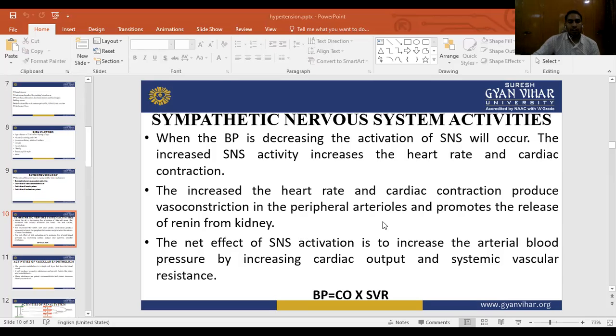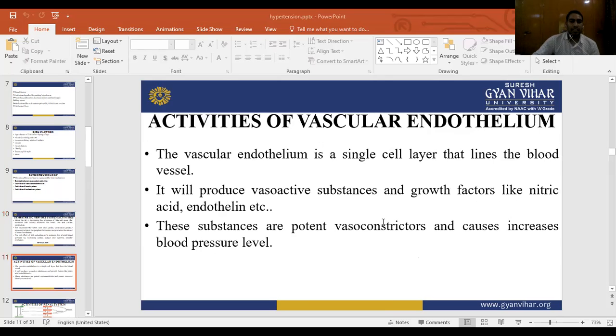The net effect of sympathetic nervous system activation is an increase in arterial blood pressure by increasing cardiac output and systemic vascular resistance. Blood pressure equals cardiac output multiplied by systemic vascular resistance.